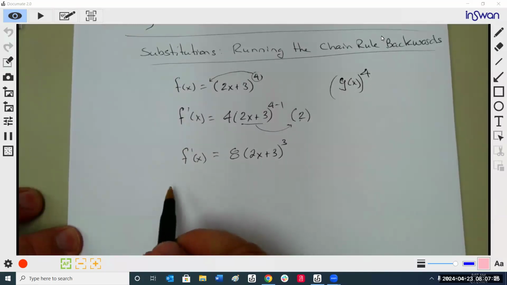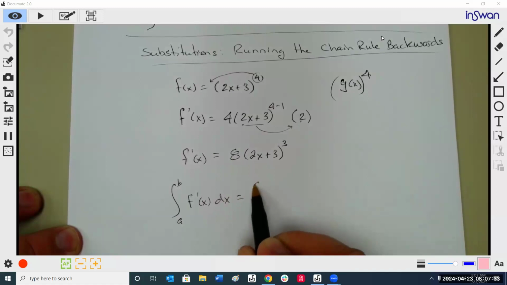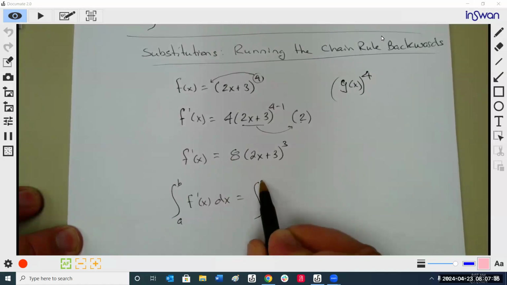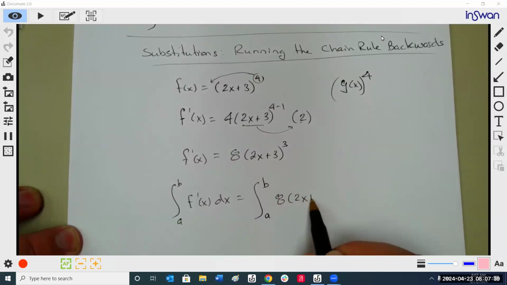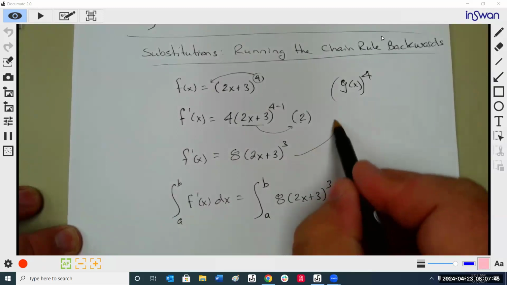What we're going to do now is take this equation and figure out where it came from.